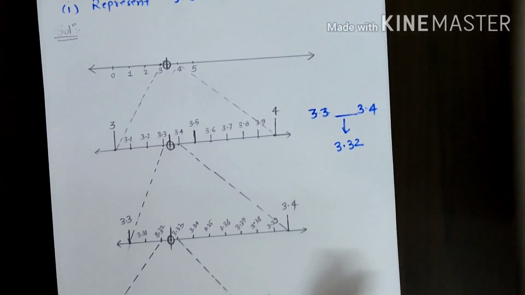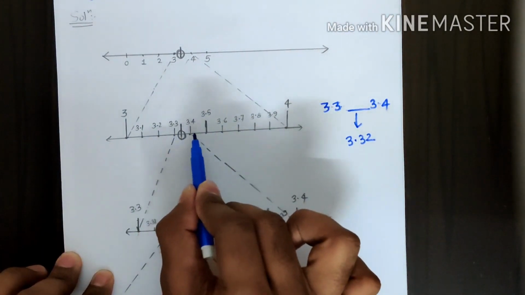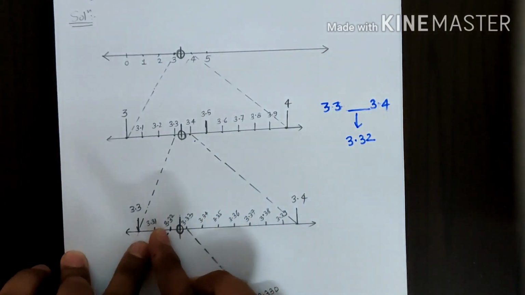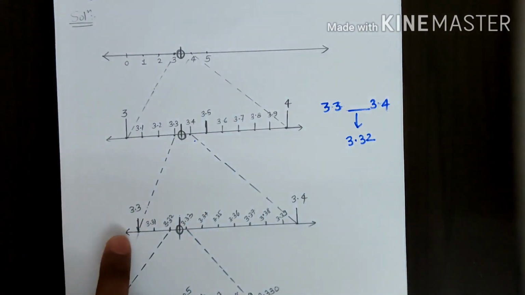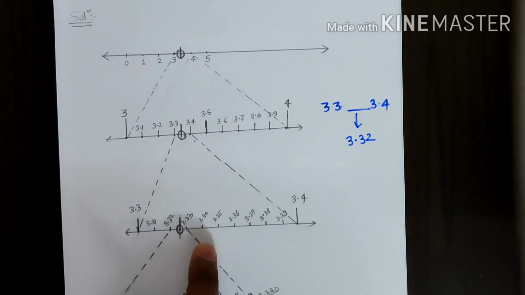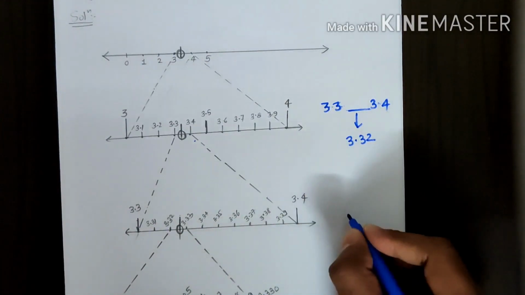So again we need to magnify. We need to magnify in between 3.3 and 3.4. So when we magnify, again there are 10 parts. Those 10 parts are marked as 3.31, 3.32, 3.33, 3.34, 3.35, 3.36 and up till 3.4.